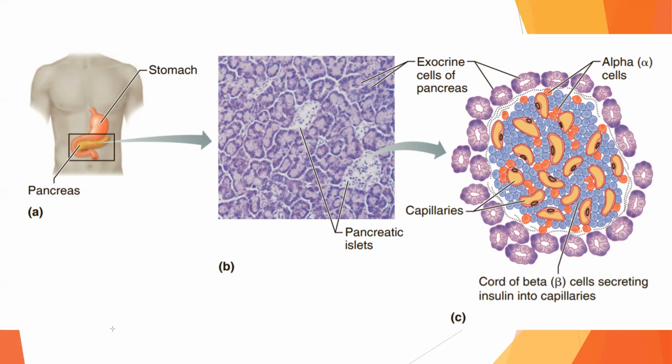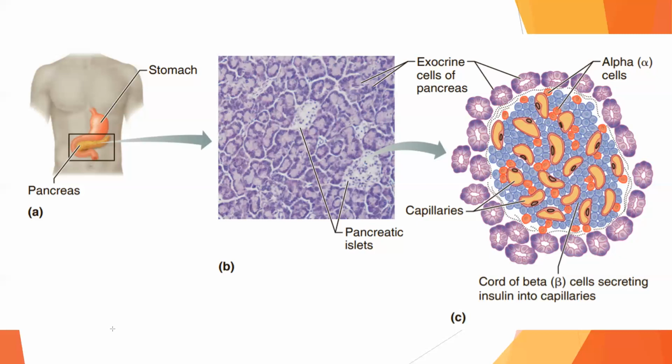However, your pancreas is also responsible for raising the blood glucose levels if the blood glucose level is too low. Can anybody from the group give me the hormone that is responsible for raising the blood glucose level? Okay, very good.